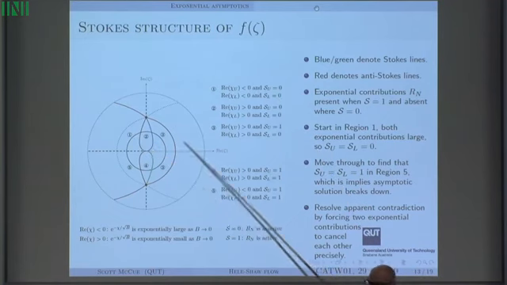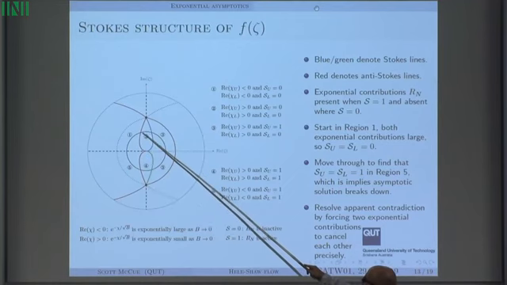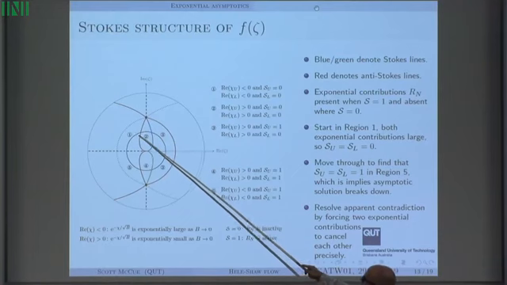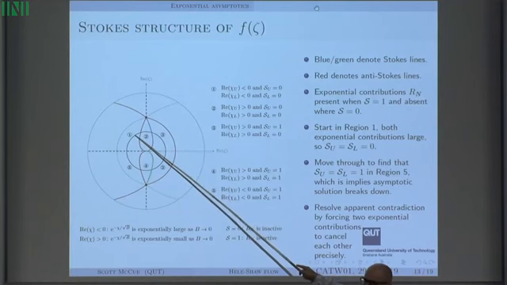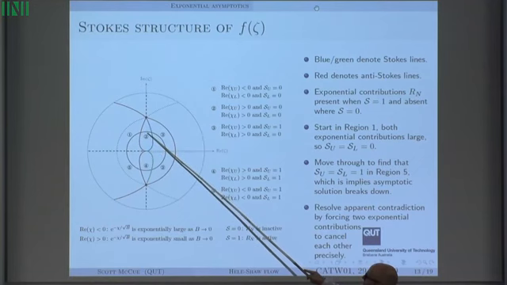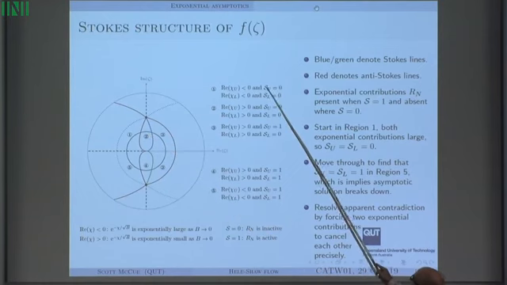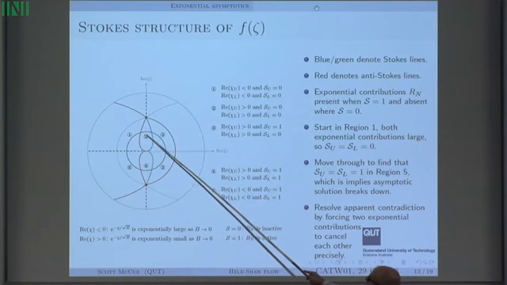Then I'm going to sweep around the plane. As I sweep around here, I cross this line, which is called an anti-Stokes line. What happens here is that the real part of chi shifts from being negative to being positive. So now the exponentially large contributions become exponentially small as I go to region 2. But in any event, I'm assuming that they're both multiplied by a Stokes multiplier of 0. Anyway, let's just say they were large and now they're small.